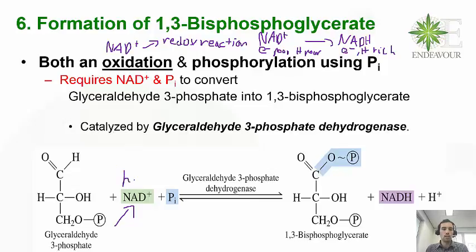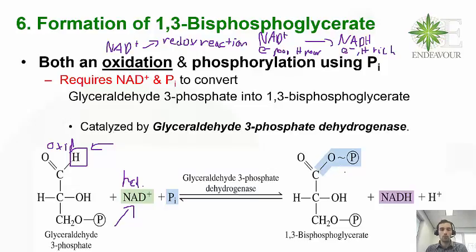So in this case, the NAD is being reduced because it is accepting hydrogen and electrons, whereas we have the glyceraldehyde 3-phosphate being oxidized because it is losing hydrogen and electrons. So we can see where the glyceraldehyde 3-phosphate loses the hydrogen and electron. So it's actually in this location here where I put the box around.